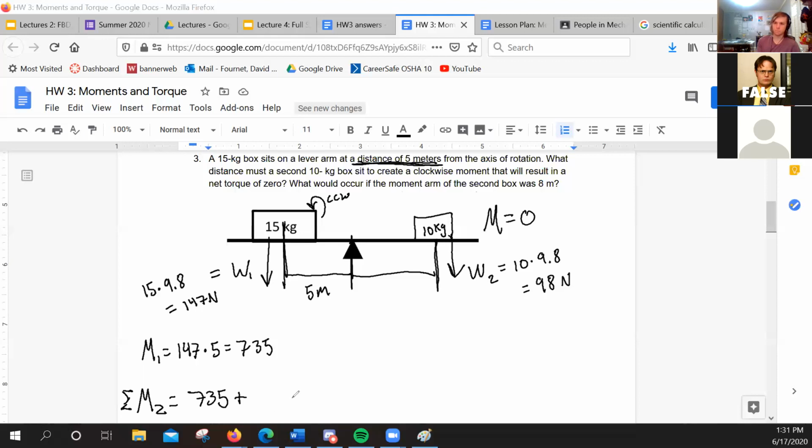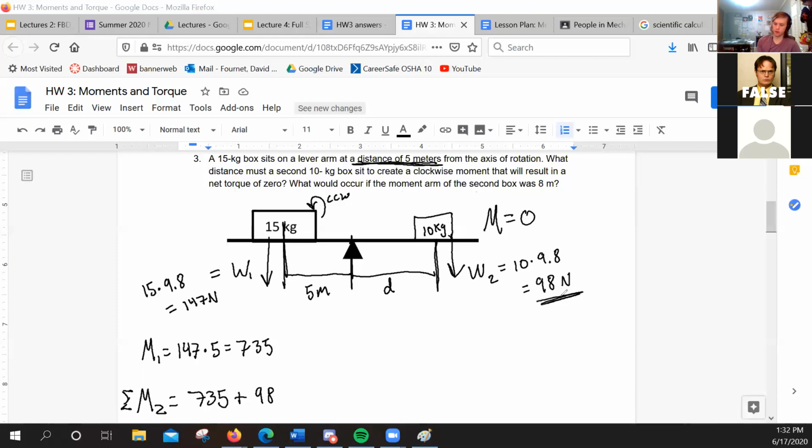The moment for the other side, which equals the force, 98, times the distance. Can we solve this since we have two unknown variables? We can solve it. We only have one unknown.